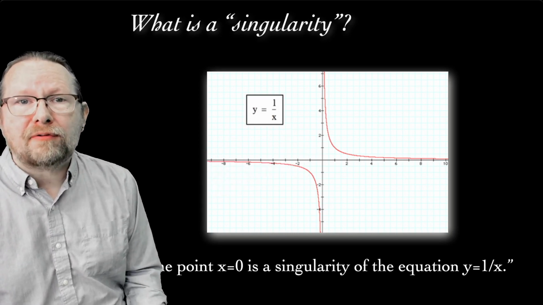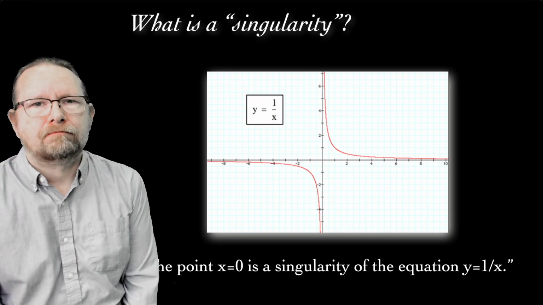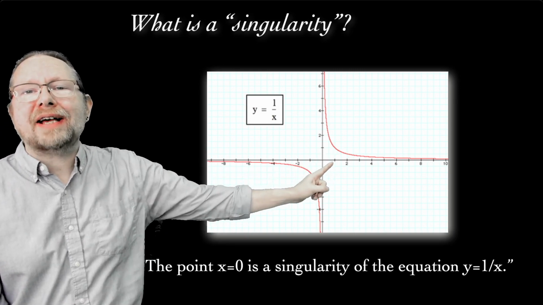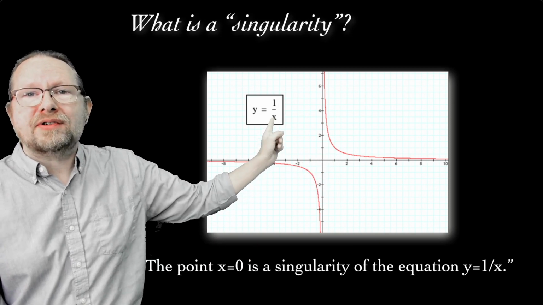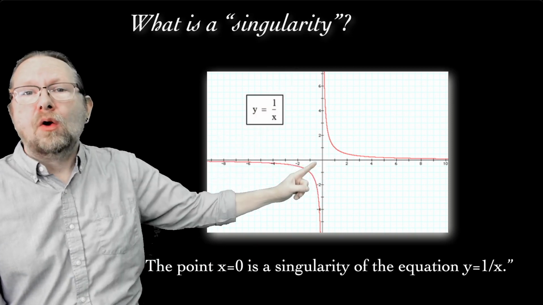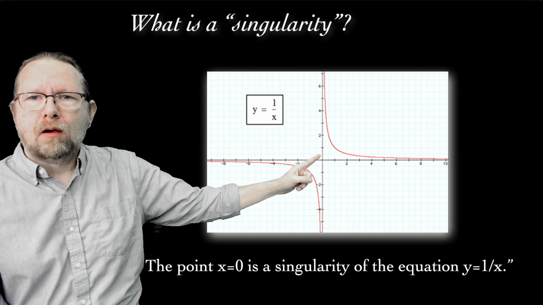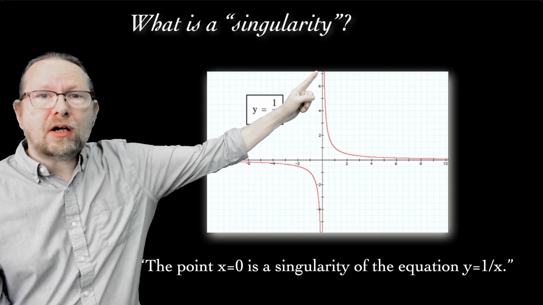It doesn't have a value there. Now, you can cheat a little bit. What if x is a tenth? y is 10. What if x is a hundredth? 1 over a hundredth is 100.